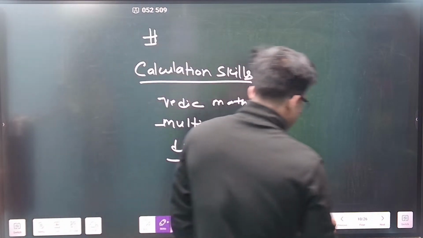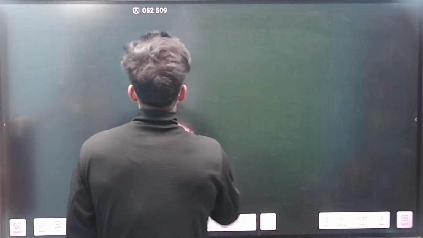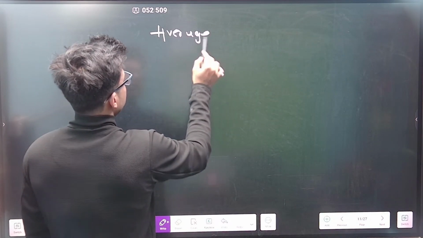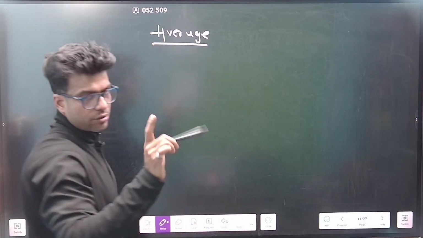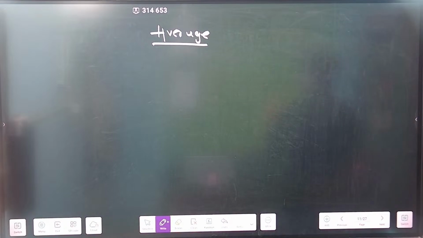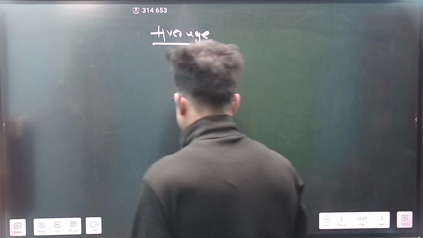Secondly, the important chapter is average. If you have a great command on average, you will get one question. Whether you are getting questions from Tabular DI or any DI, you will get one question on average.